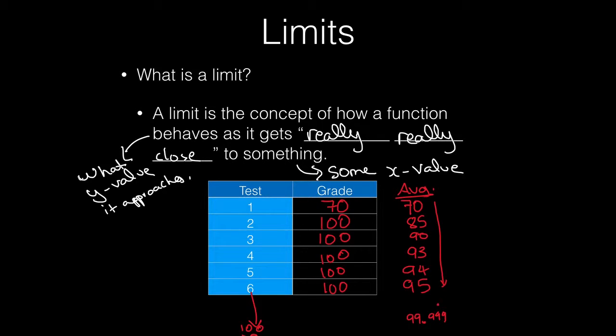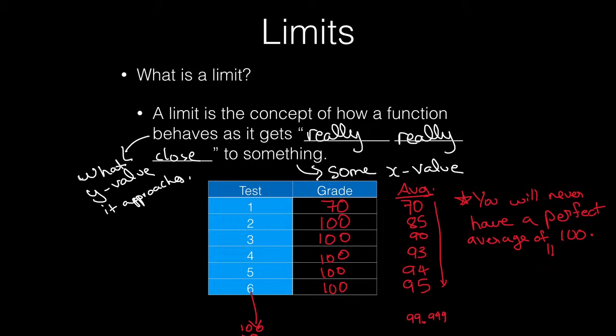Here's the thing. You will never have a perfect average of 100. That's the sad reality. Since you have that 70 there, your average can never possibly equal a perfect 100.